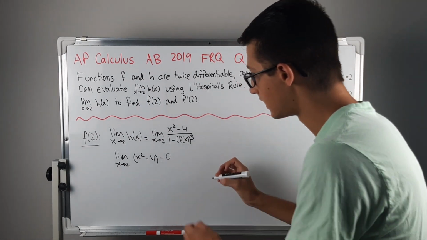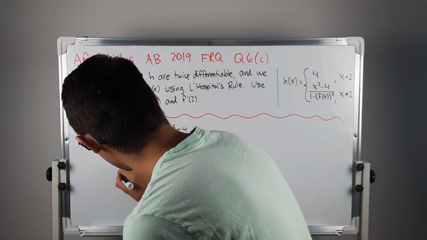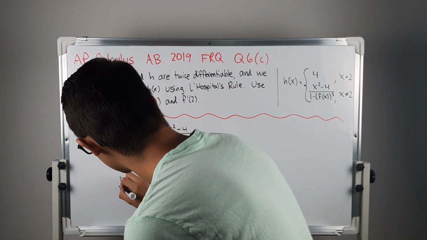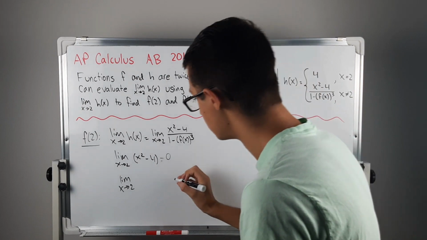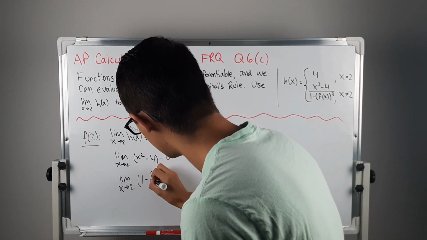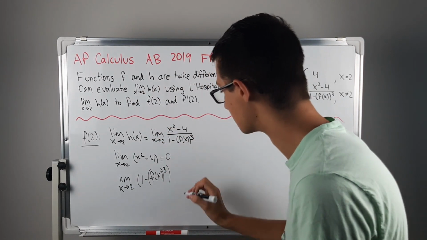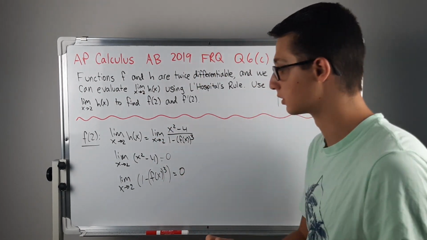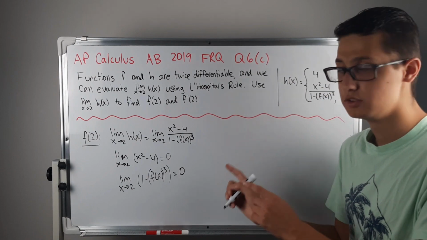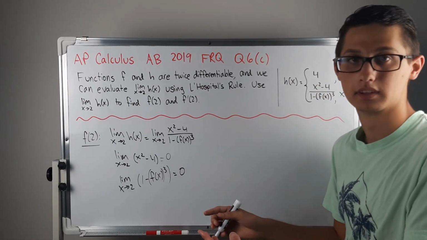So the limit as x approaches 2 of 1 minus f of x cubed, a lot of parentheses going on there, is going to be equal to 0. Now we can work with this a little more.